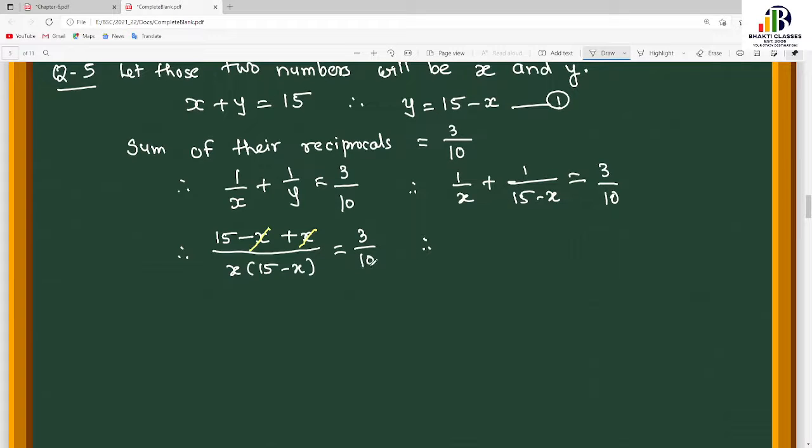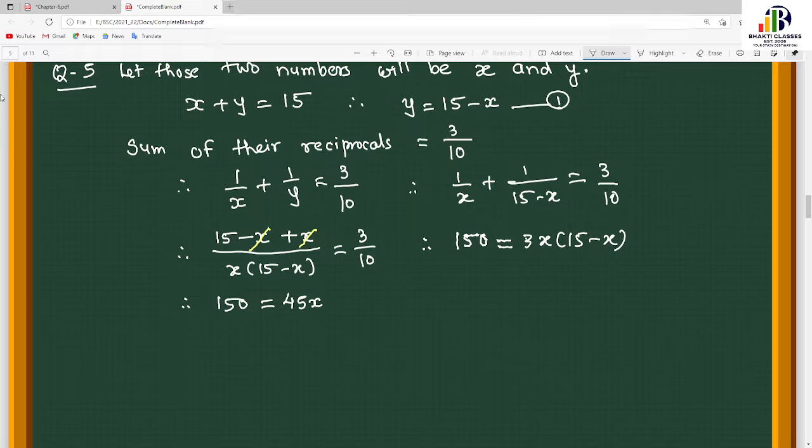That means this 10 will come to the numerator and multiplied with 15 we will have 150, which is equal to 3 into x into 15 minus x. So we will have 150 is equal to 45x.